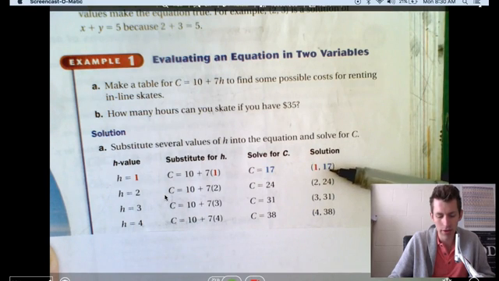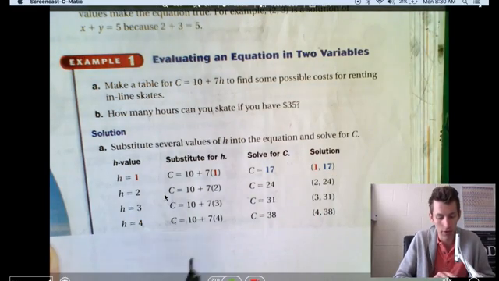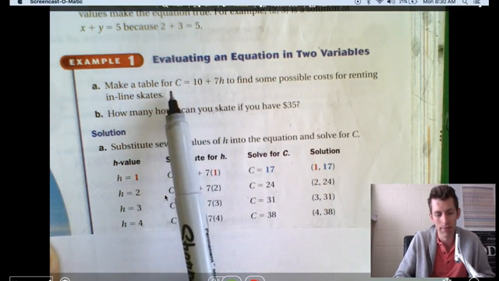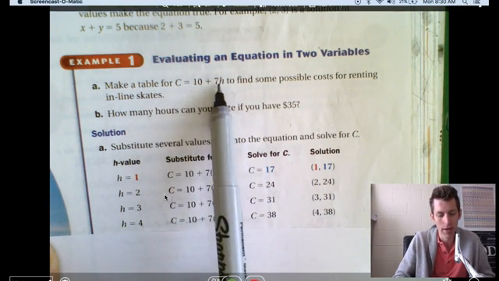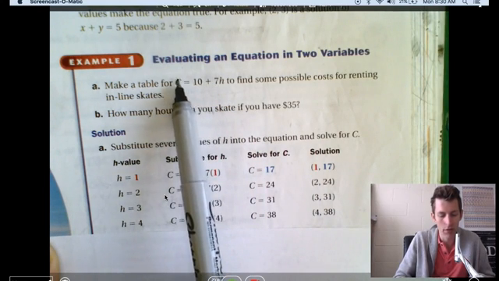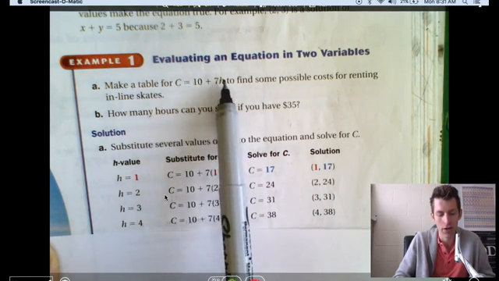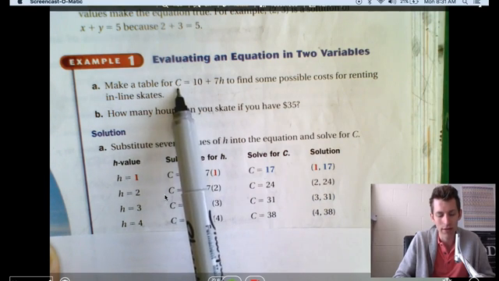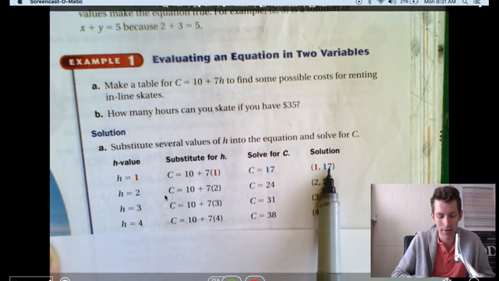And typically, how do you know which one to put on which side? Why not 17, 1? Well, typically, in fact, all the time, if you have a function rule, remember that's another name for this equation, if it's solved for a variable, right now this is solved for C, because C is all by itself, then that's the one that goes on the right side.